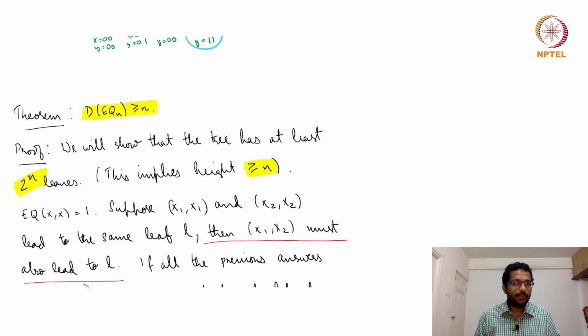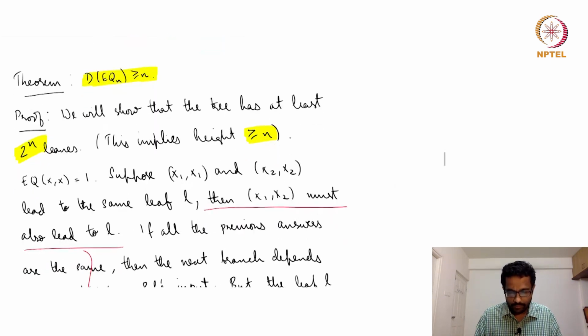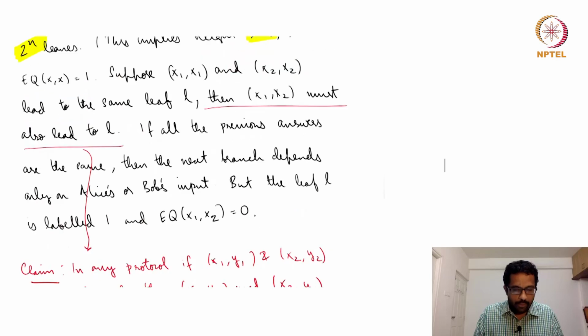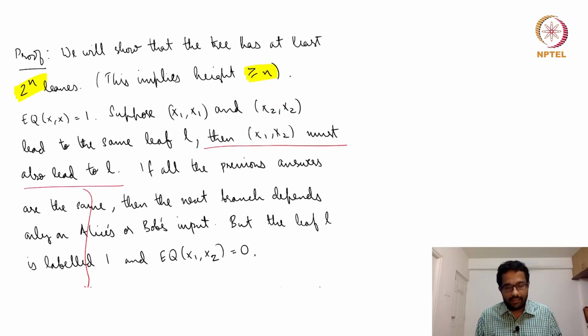So there are 2 power n input pairs which return 1 as the correct answer. The claim is that all of these 2 power n input pairs have to go to distinct leaves. None of these pairs can go to the same leaf. So that means the tree has to have 2 power n leaves to accommodate these 2 power n yes input pairs, because of which the height should be at least n.